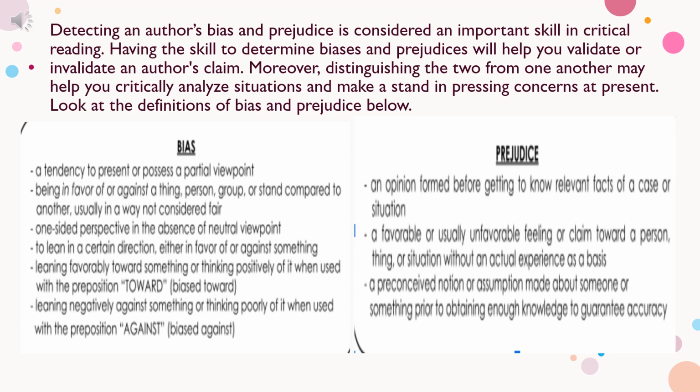The thing you must have in mind is a partial viewpoint, being in favor of or against a thing, person, group, or stand compared to another, usually in a way not considered fair. Whenever you are biased, you are not being fair to someone or to an idea being presented to you.